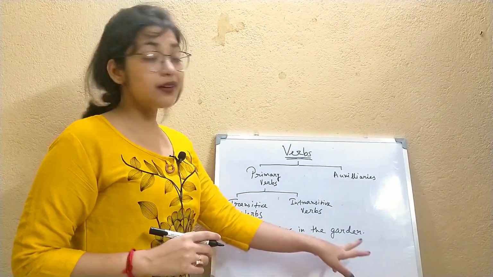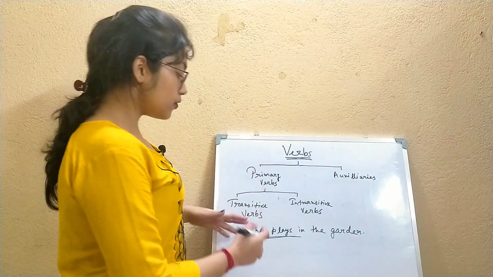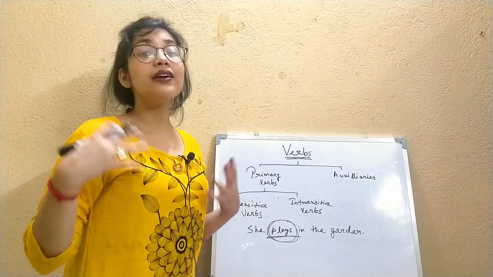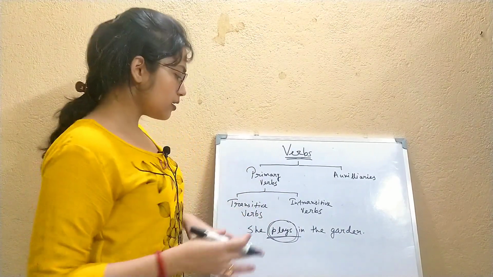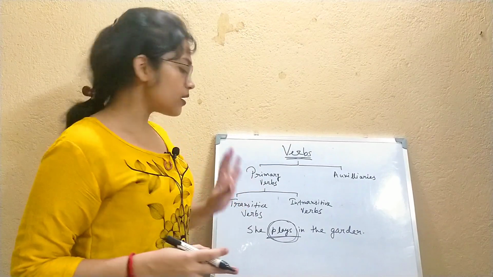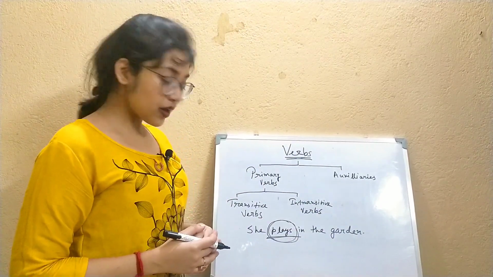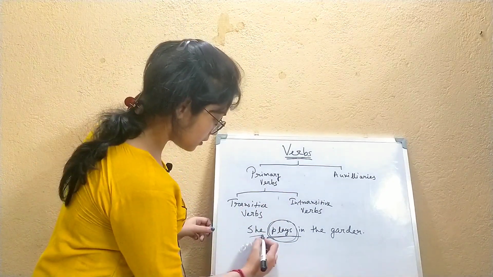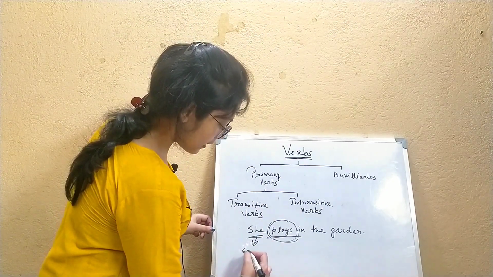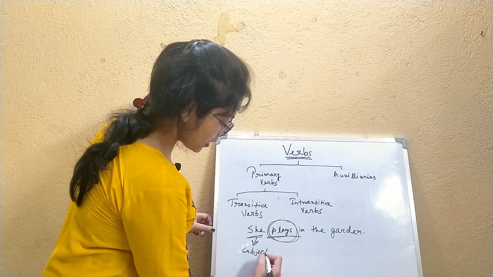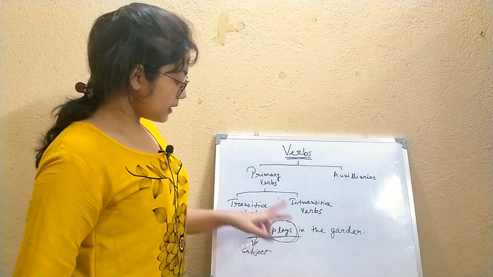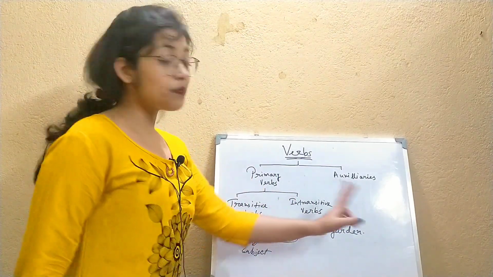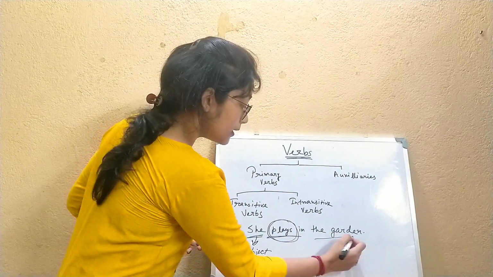She plays in the garden. So here, with the help of this action word, we can raise a question in this sentence or against this sentence. Here in this sentence the subject is she, right? She is the subject, and we can raise a question against this subject. She plays in the garden. Where does she play? She plays in the garden.